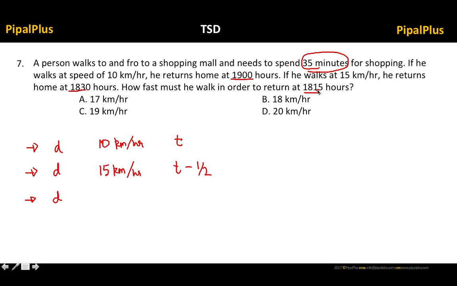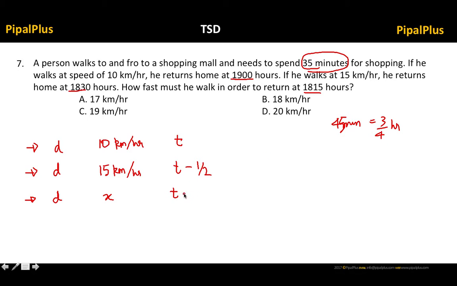So 1815 means 45 minutes less than his usual time, which means what the question is really asking is, at what speed should this person walk to arrive 45 minutes earlier? And 45 minutes is really 3/4 of an hour.